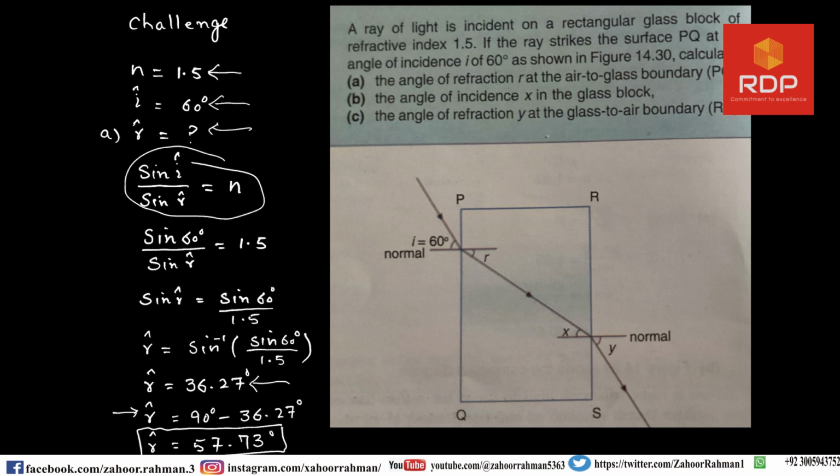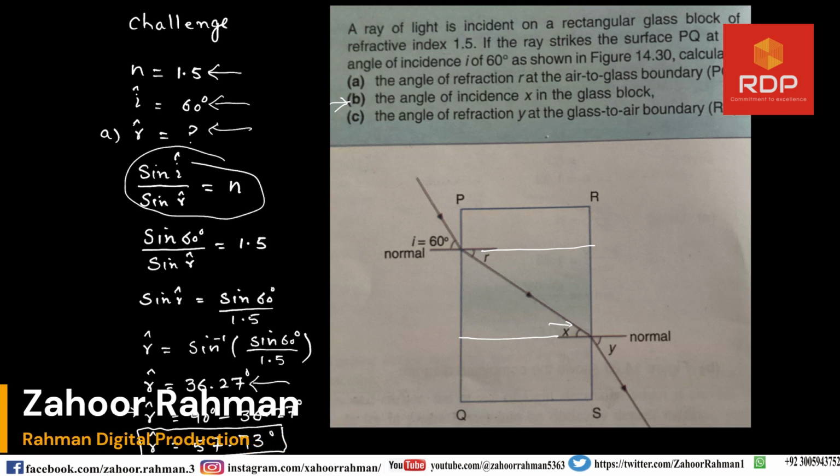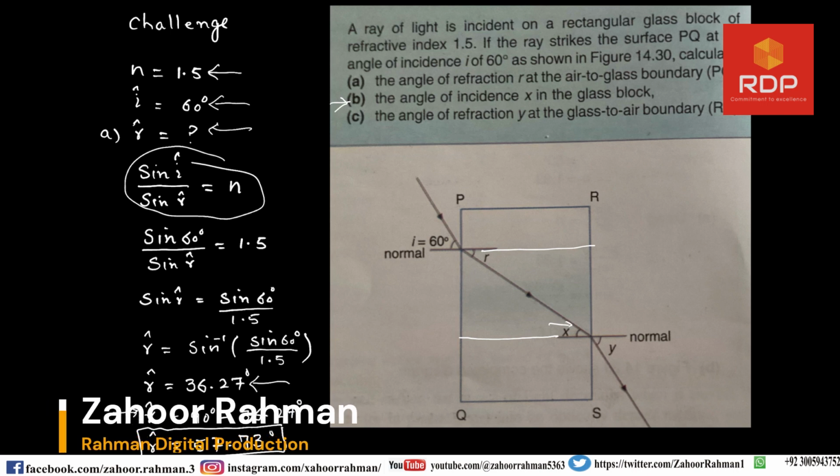Now in the second part they are saying that the angle of incidence x in the glass. Now we have to find this one, because this line and this line are parallel to each other, since both of them are the normals of this glass-air junction.